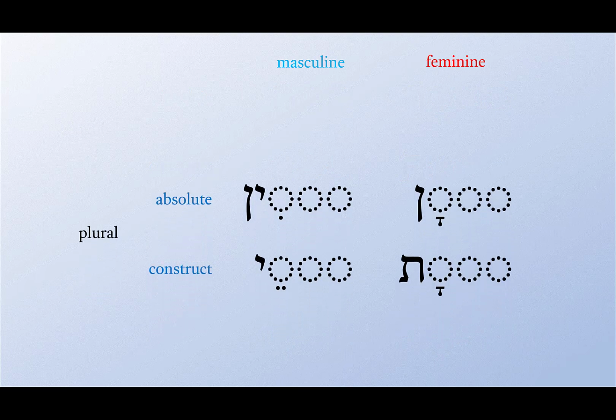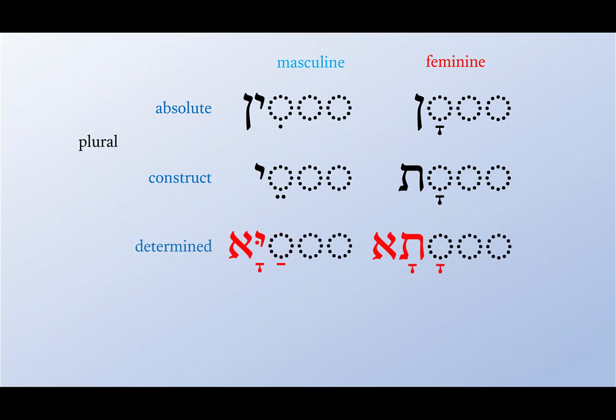Well, what about the plural nouns? Let's look at them now. The formation of the plural nouns determined state is the same. We're adding a kametz aleph onto the end of the construct state. So notice the masculine plural construct sereyod. There has to be some vowel adjustment, but the result is adding the kametz aleph gives you that yod that's already there plus the kametz aleph.